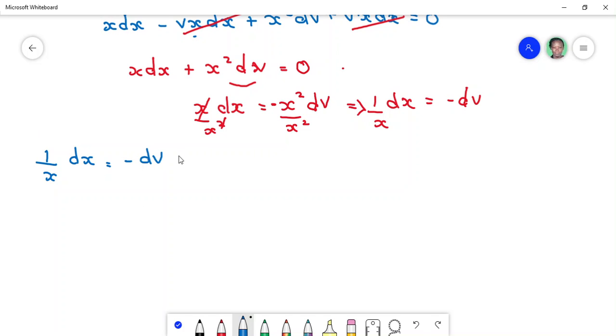Whoa! What did we just do? Now it looks like this is separable. We've been able to group them. So then I can solve this. So what do we do? Let's take the integral on both sides.